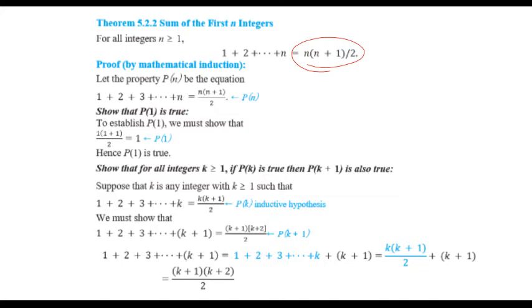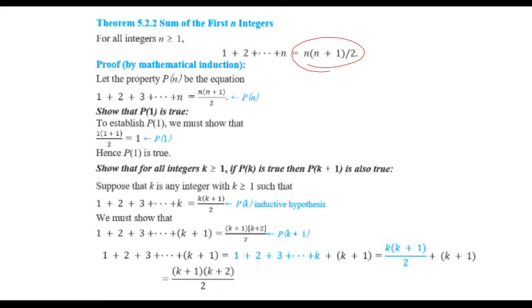In order to prove this theorem using mathematical induction, we need to first define the property P of n in the following way. We say P of n is this equation: 1 plus 2 plus 3 all the way to n is equal to n times n plus 1 divided by 2, correct? So this is P of n.